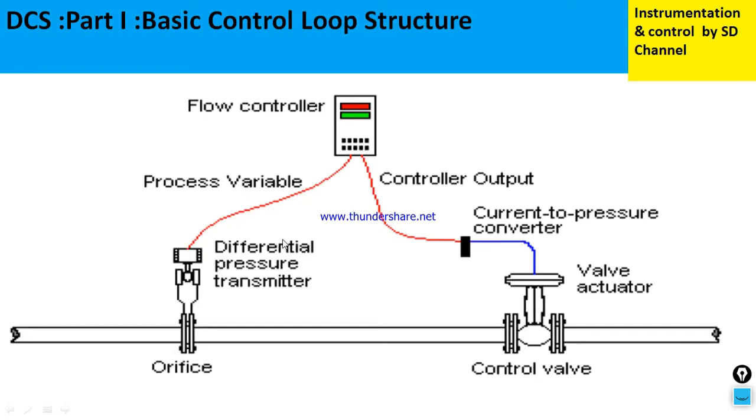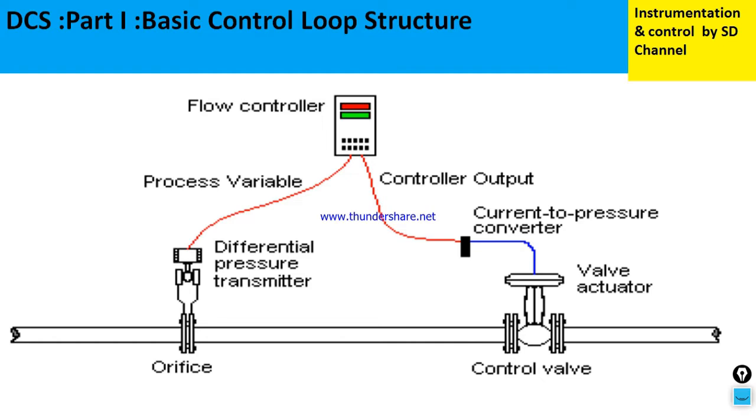Now, before DCS, there was a flow controller. There was a controller system. The controllers were made by Yokogawa, Honeywell, Rosemount, Emerson. Controller is nothing but you can think of it as a microcontroller which can control your system.